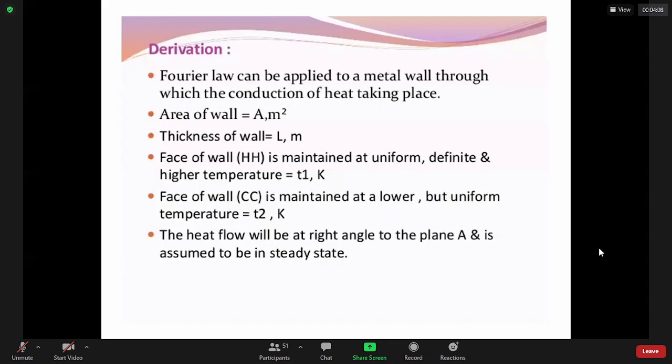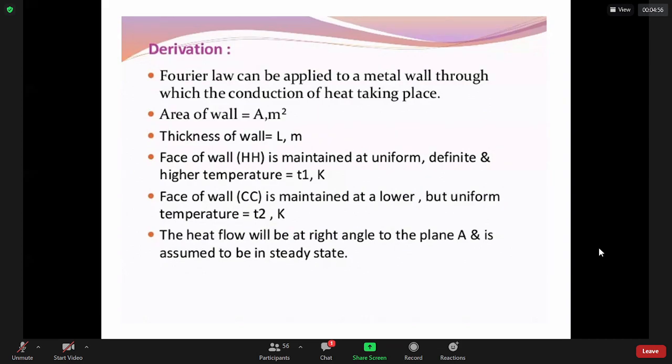We are using hot water to heat, and this water, a liquid or fluid, is applied on one side of the wall. So that side is maintained at a uniform, definite high temperature, which is T1, in Kelvin.